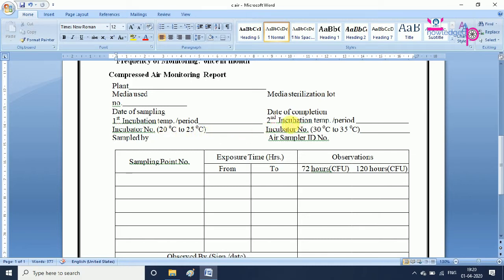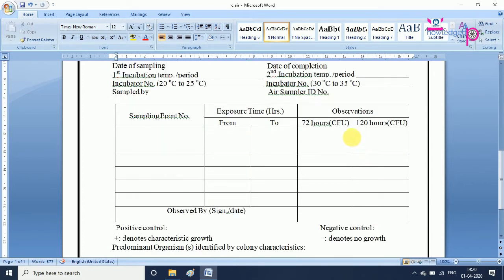After this completion, second incubation period and temperature is 30 to 35. The air sampler ID we have to write here. Sampling point, here we have to write the sampling point, and exposure period from this time to this time, and this is for 3 days, 72 hours.